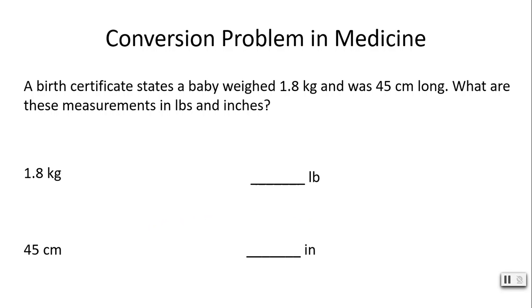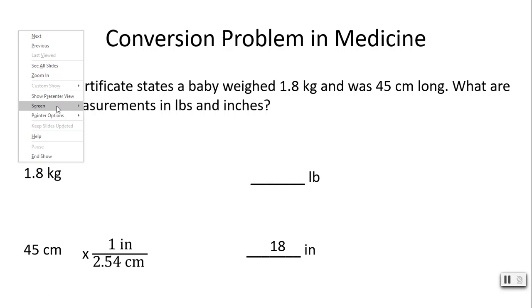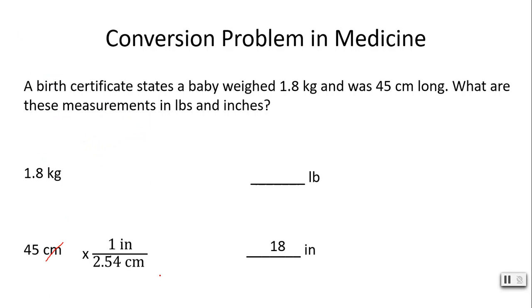So we can write that down as a conversion factor. And the centimeters will be in the denominator, the inches will be in the numerator. I write it that way so I can easily see my centimeter units cancel, and I'm left with inches in the numerator, which is great. That's what I'm looking for, is inches.